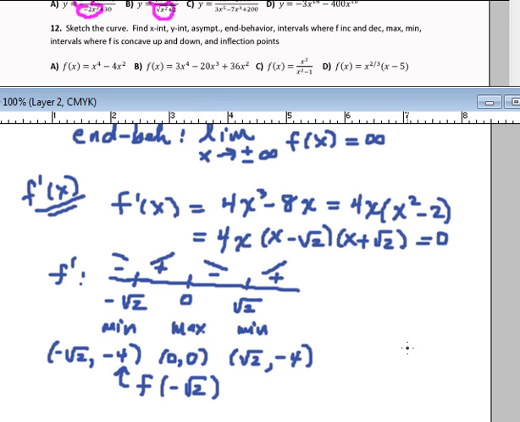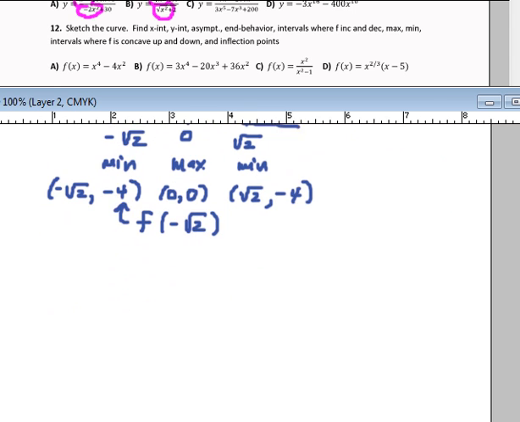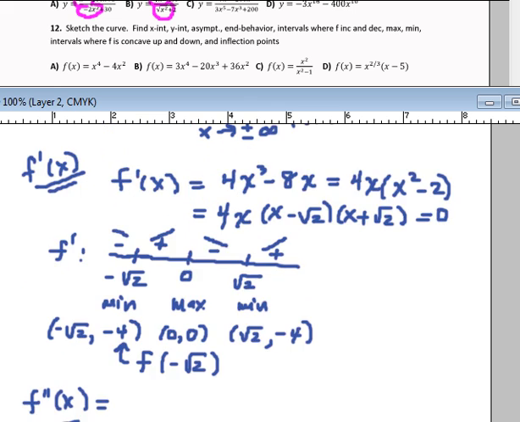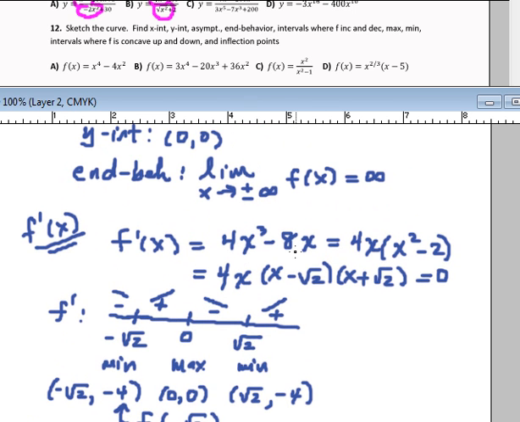Alright, let's get information now from f double prime. I'll just underline that, f double prime we're working with now. Let's see, what was f prime? It's easiest to take the derivative of this expression, the unfactored form. So that would be 12x squared minus 8.